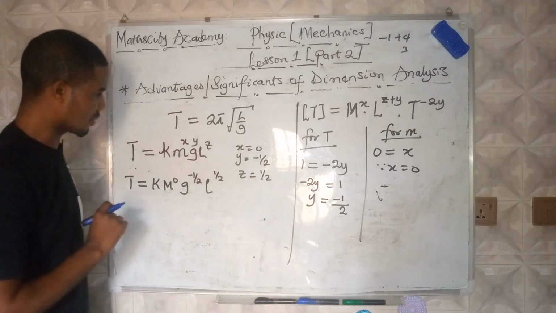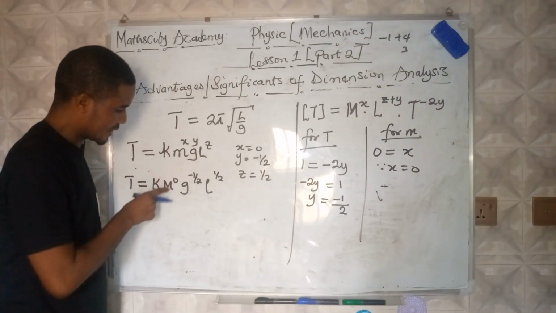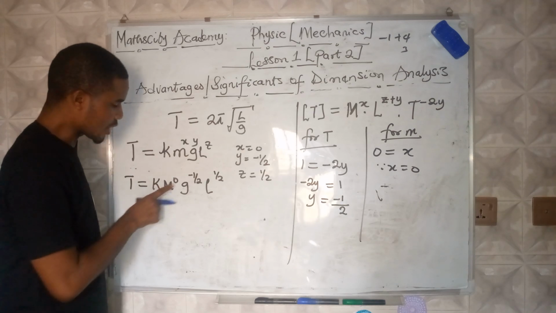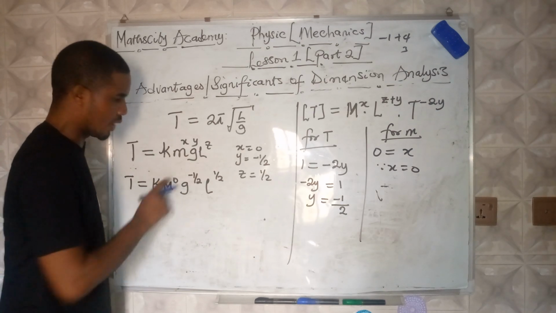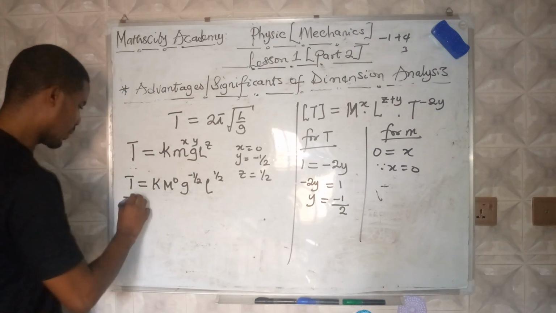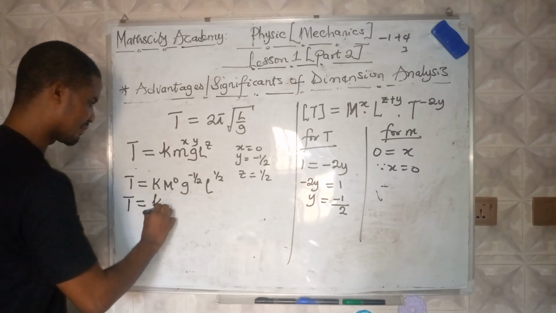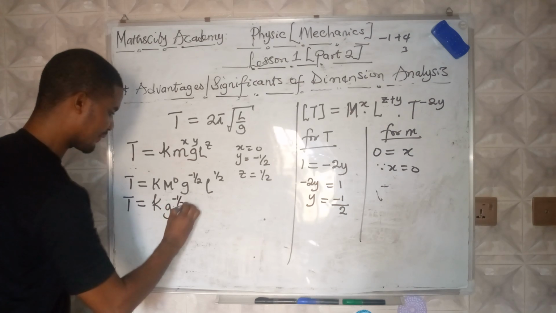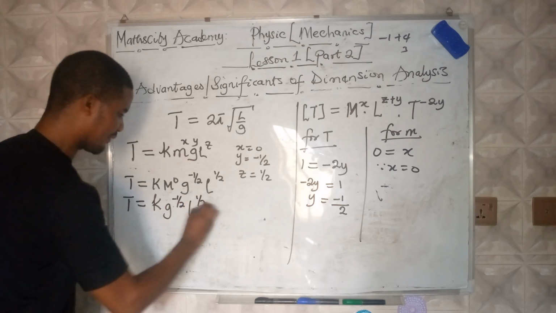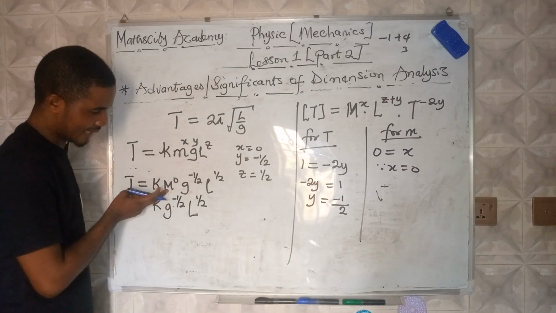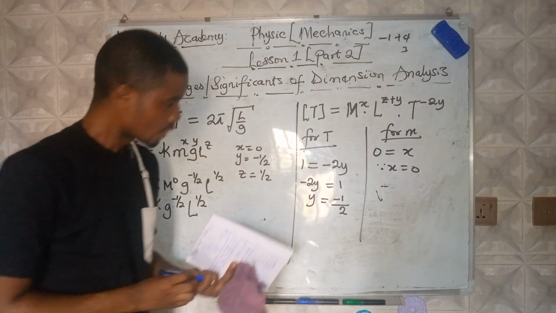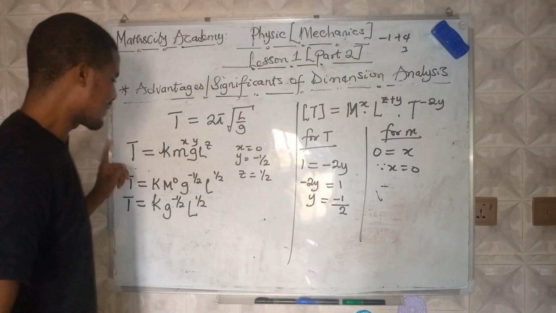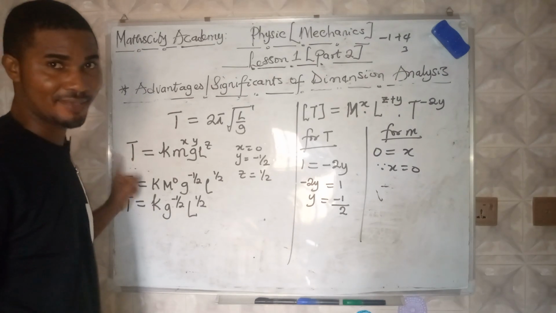Now, there's something I want us to observe here. Anything raised to power 0 is 1. If M raised to power 0 becomes 1, that means this will go out. This equation becomes T equals K G raised to power minus half, L raised to power half. M has disappeared. It means that during this experiment, the mass of the bulb does not really matter.